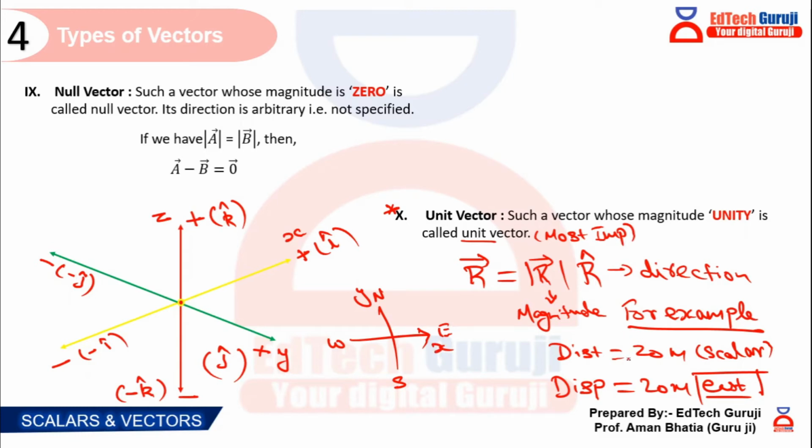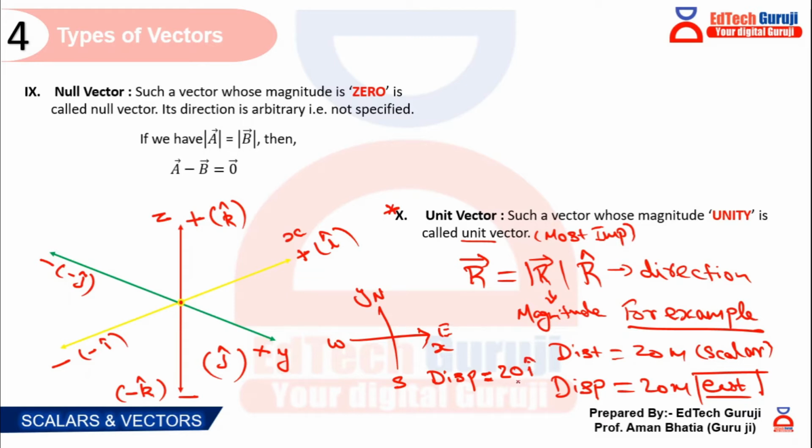So I can rewrite this in terms of unit vector: this displacement is nothing but 20 i cap.